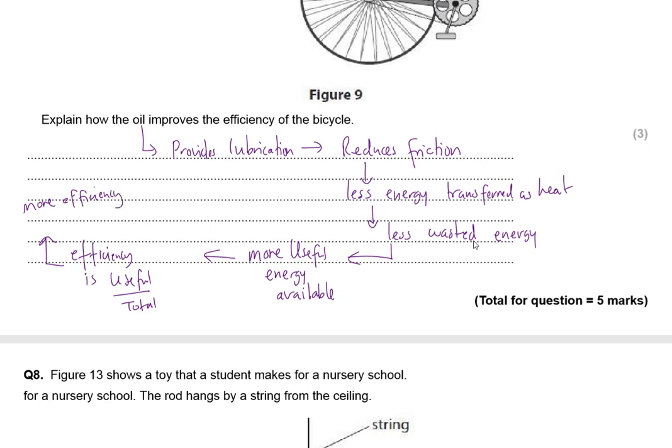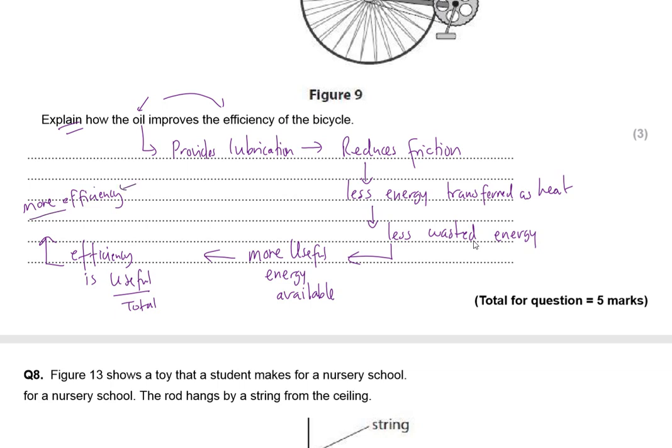Okay, now we need to explain. So what I've done here is I've broken it down into a flow chart. Why? So we know why. The question tells us why having oil improves the efficiency. Okay, and you see that I end my flow chart with saying, oh, there's more efficiency. Why do we have more efficiency?